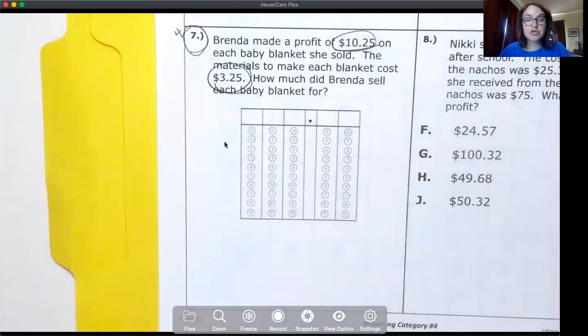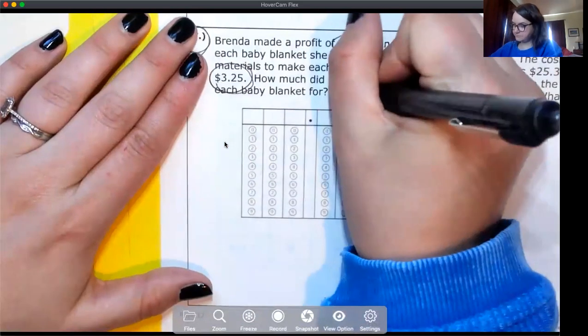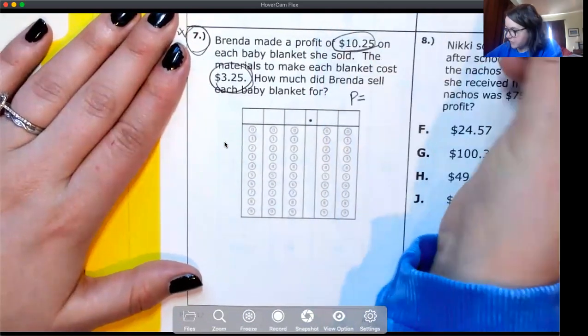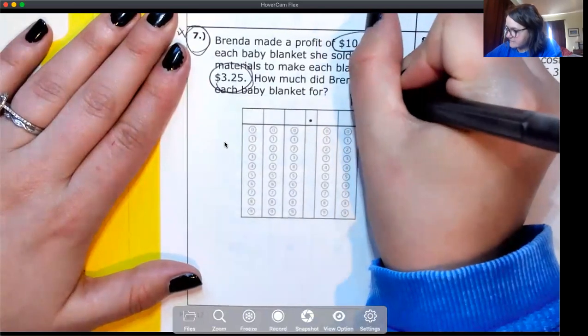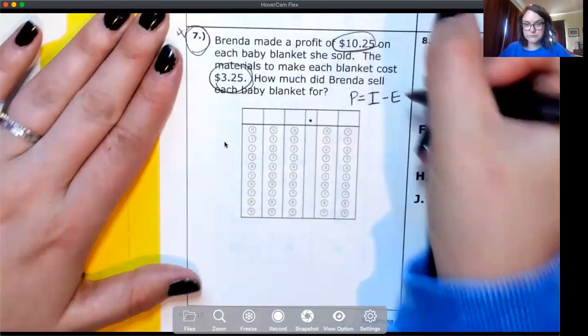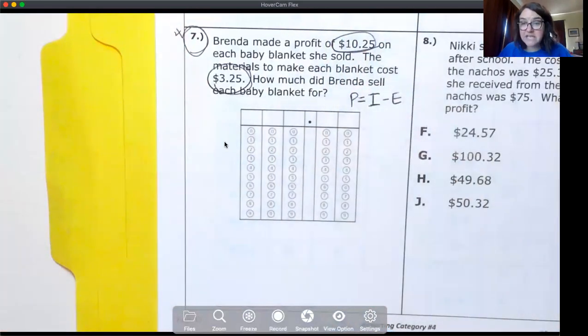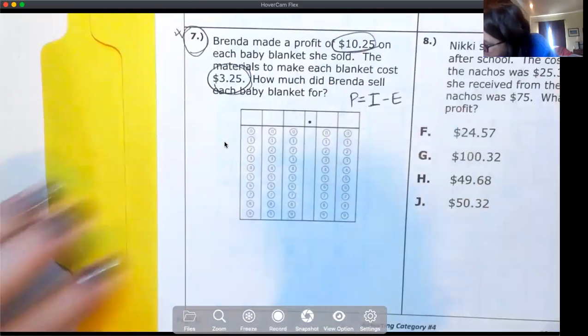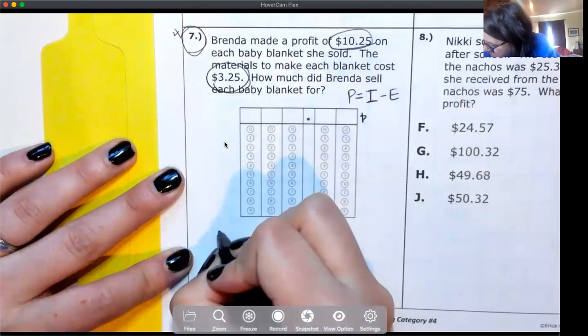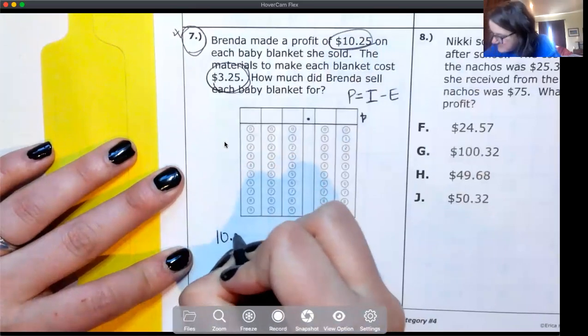So now we're doing this backwards. We've got a profit. And remember, profit equals your income minus your expenses. So my profit is $10.25.